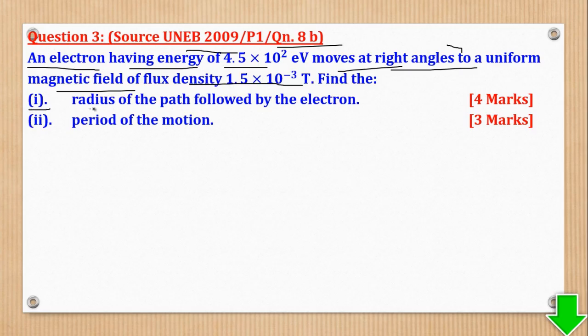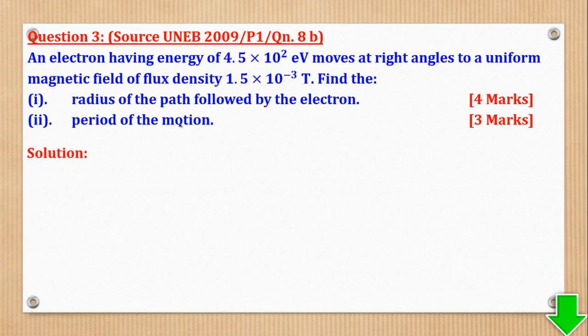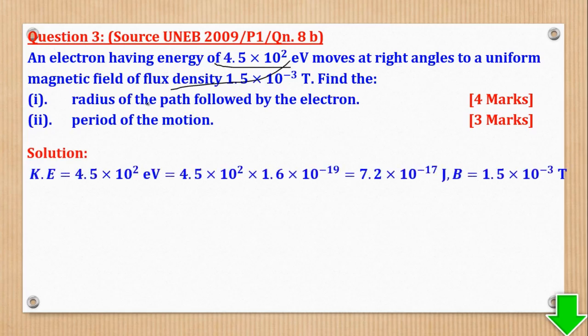Find Roman 1, the radius of the path followed by the electron, and Roman 2, the period of the motion. So you first interpret this: electron volt means that PD times the electronic charge. That's how they convert to joules. Okay, then flux density is here.